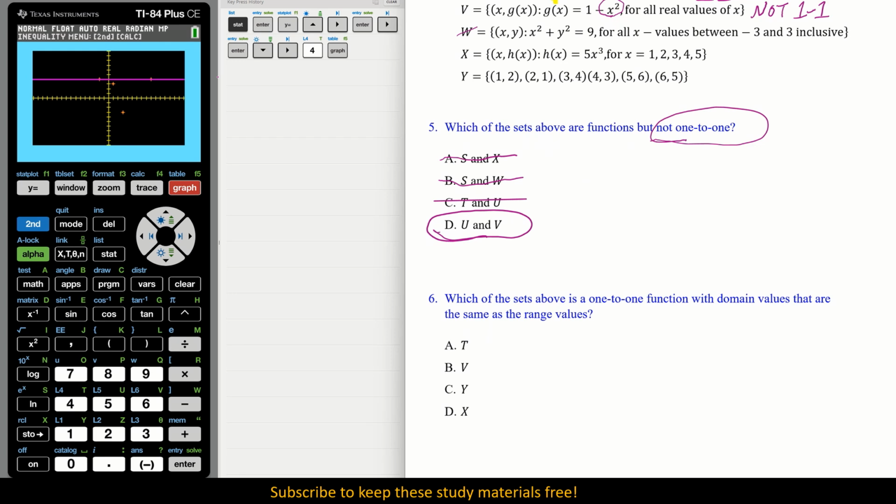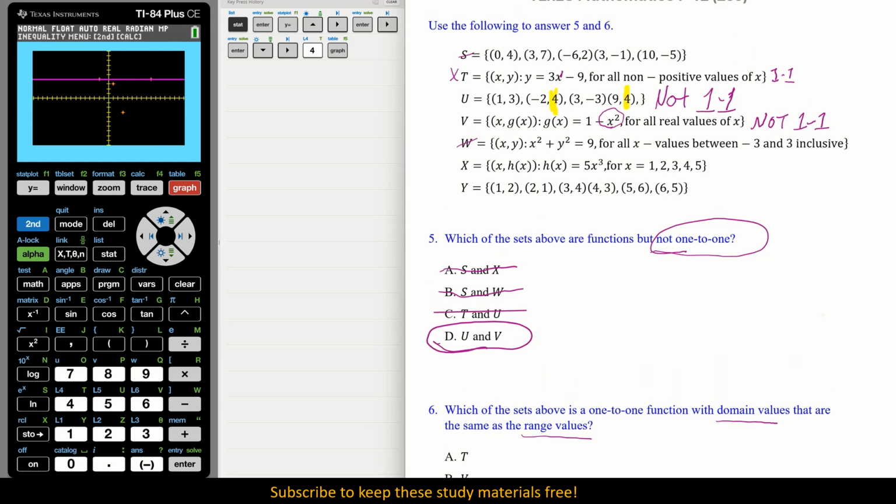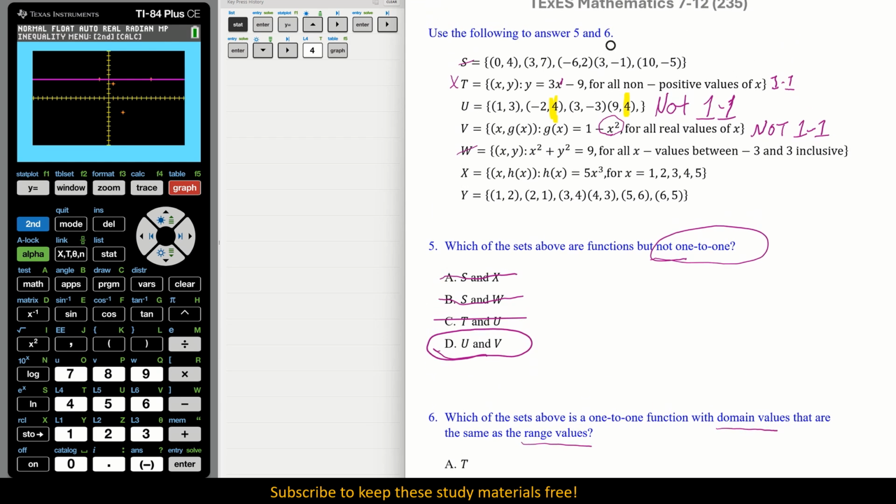Which of the sets above is a one-to-one function with the domain values that are the same as the range values? Okay. Now, if you watched earlier in the prior video, we graphed all these and we're saying the same range.